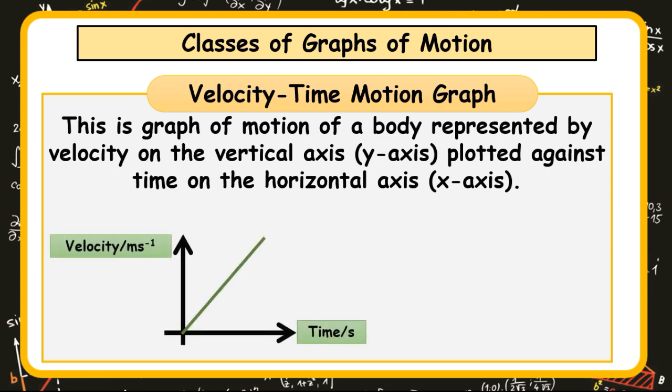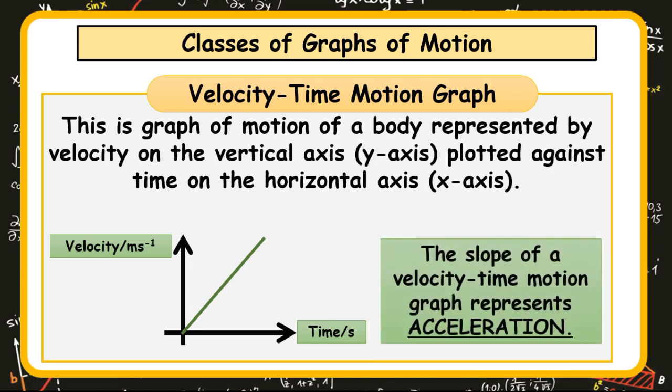And graphically, you have this graph whose y-axis is velocity and x-axis is time in seconds. It is also said that the slope of a velocity time motion graph represents acceleration.